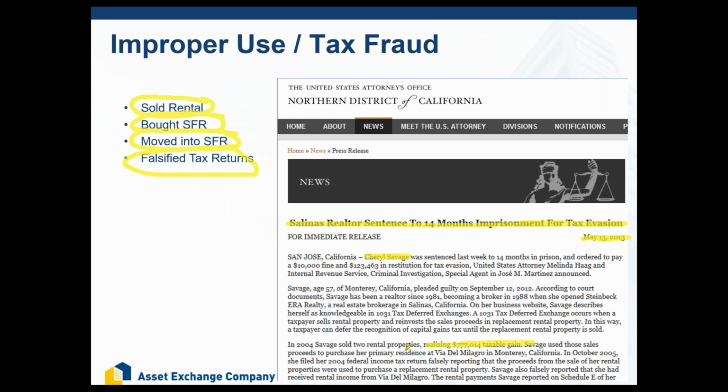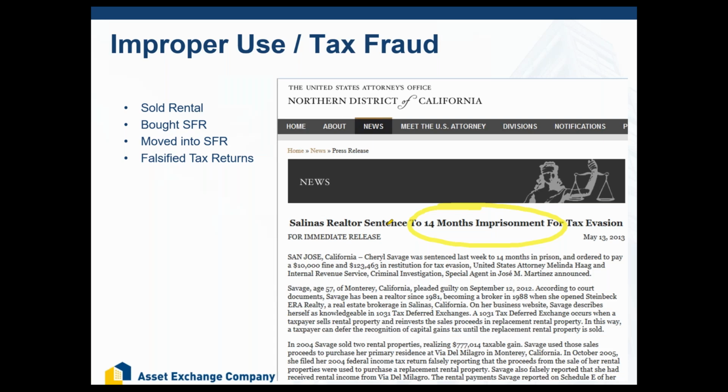They had her pay a fine and interest. But unfortunately, this lady spent 14 months in jail because she moved into her 1031 exchange property right away. Okay, that, ladies and gentlemen, is something that I want you to avoid.